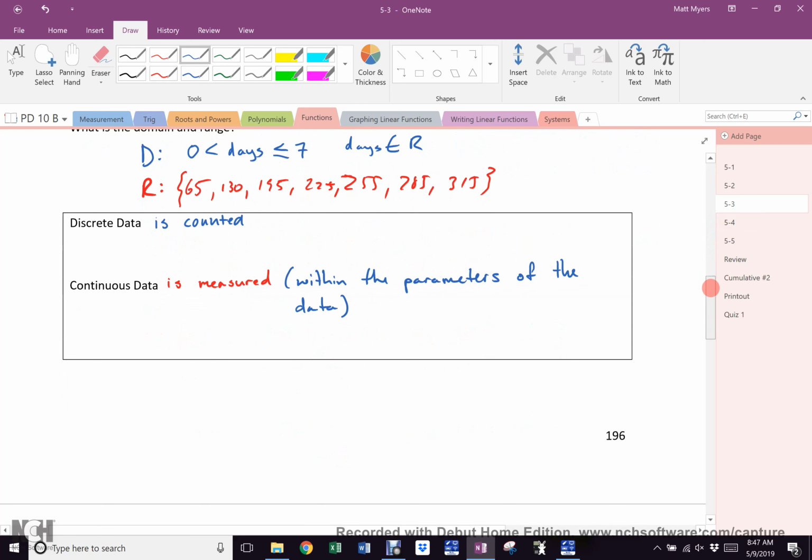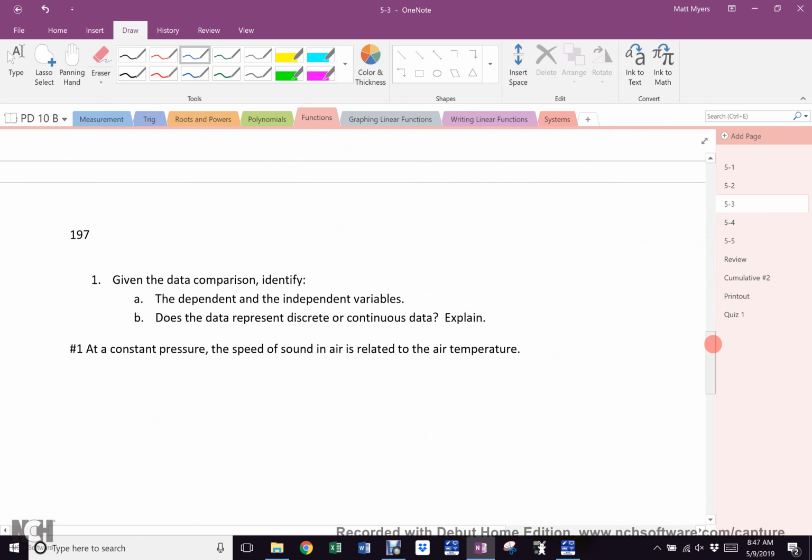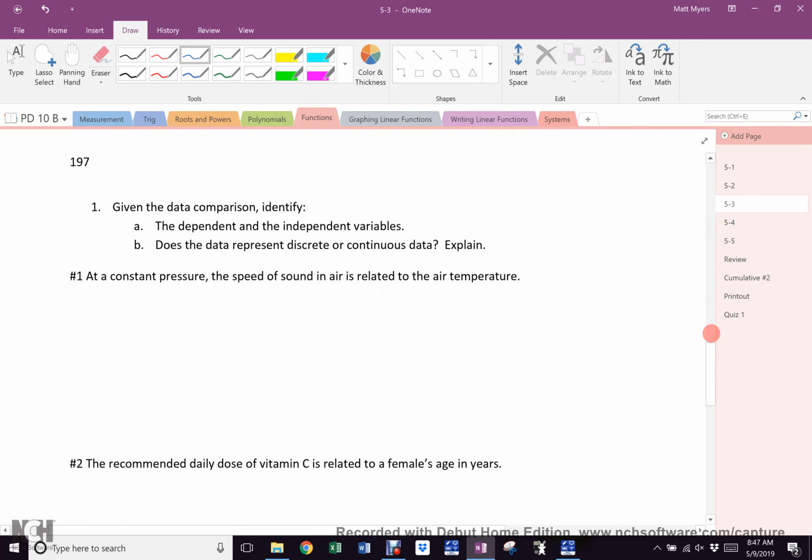All right. Let's look at a few examples. Number one, you're going to do two things. You're going to tell me the DV and the IV, and you're going to tell me if it is discrete or continuous, and you're going to explain it. Do number one. Go. Talk amongst yourselves. It is not a test.